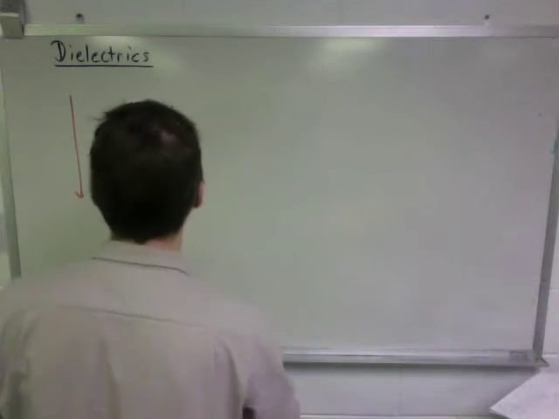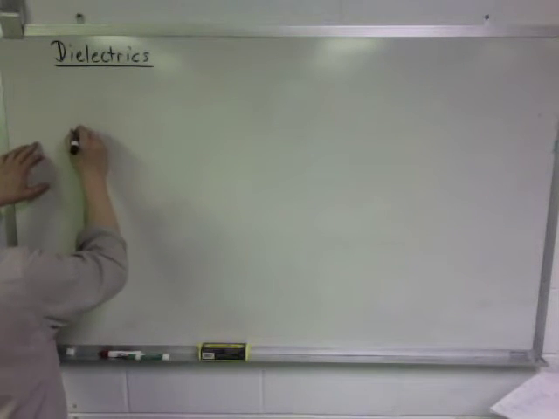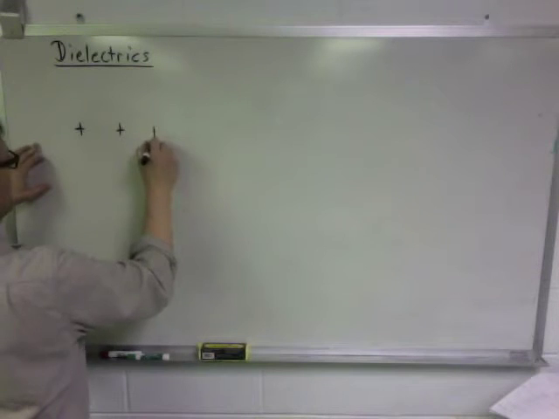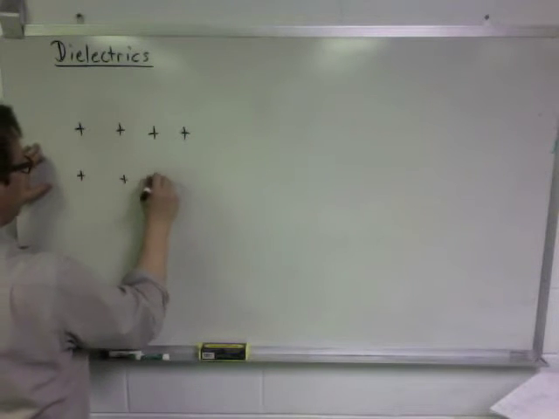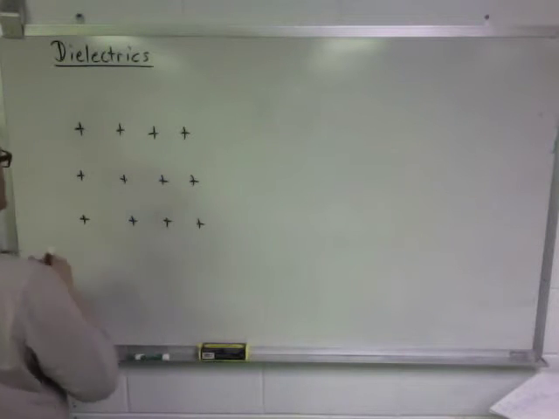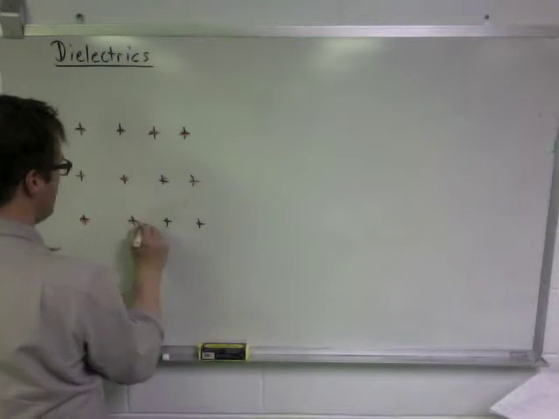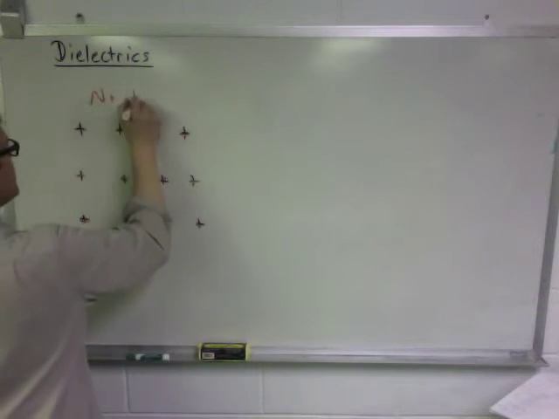So if you look at this on a grander scale, here's my slab of insulating material. Here are all the individual atoms, the positive nuclei, and basically the electrons are sitting right on top of them. And so this is in the absence of an electric field.